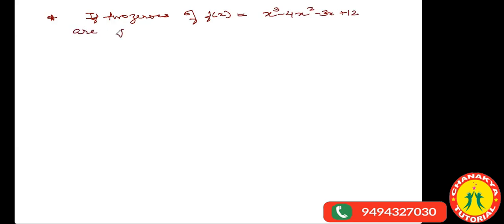Next question. If, children, it comes like this: if two zeros of polynomial f(x), now instead of p(x) they have specified f(x), x cube minus 4x square minus 3x plus 12, are root 3 and minus root 3, clear?